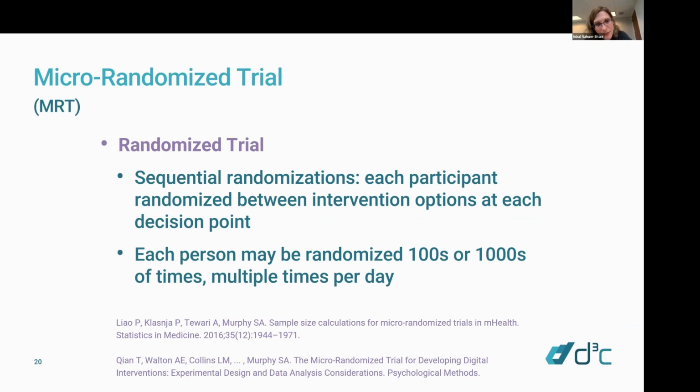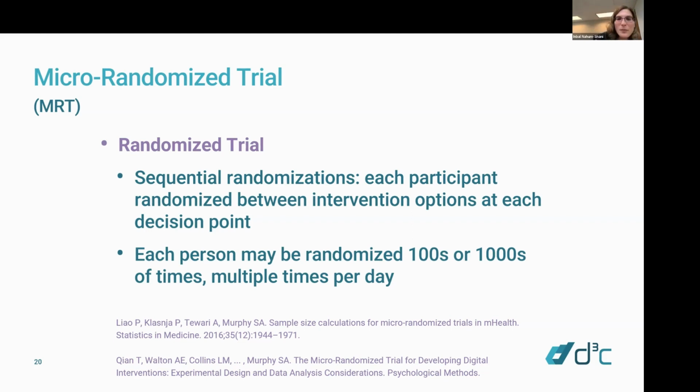But MRTs are special because they include rapid sequential randomizations on steroids, right? Sequential randomizations on a fast time scale. What does it mean in practice? It means that the same person can get randomized many, many times in the course of the trial, hundreds or thousands of times, multiple times per day. And the length of the time interval between stages of randomizations is relatively short.